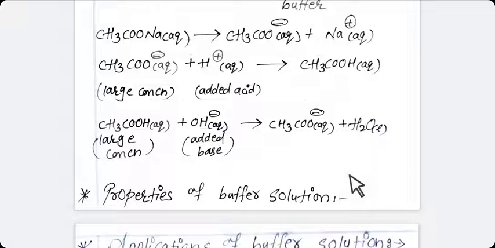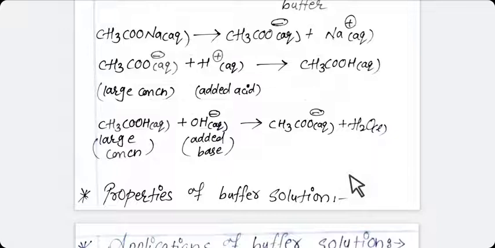From sodium acetate and acetic acid, sodium acetate is a strong electrolyte which dissociates completely and produces a large concentration of acetate ion. And acetic acid is a weak acid, that's why it gives undissociated molecules. And in this buffer solution, we are adding first acid, H plus ion, which reacts with acetate ion and produces acetic acid.